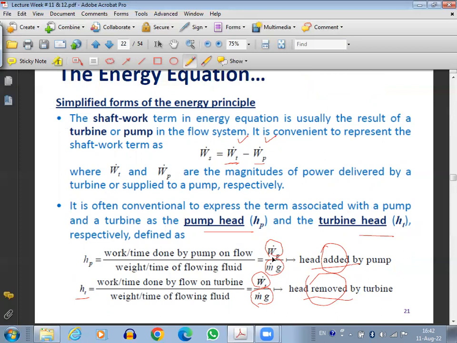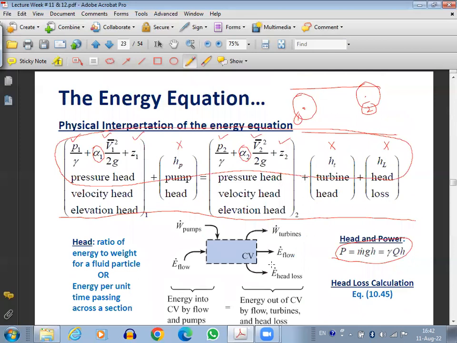So pump work will be pump head multiplied by m dot g. The same way is written here: m dot g multiplied by the head is going to give us the power.